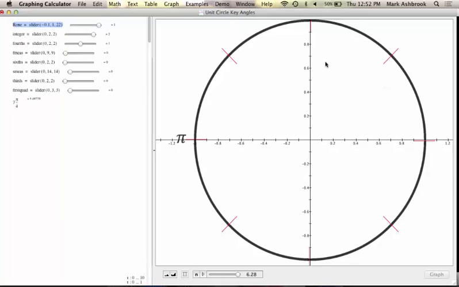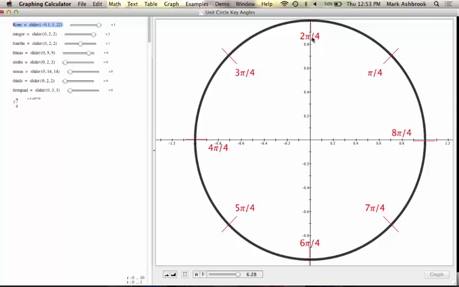So you just count: 1, 2, 3, 4, 5, 6, 7, 8 fourths. So all you have to do is count. And now we have these 8, the first set of key angles.